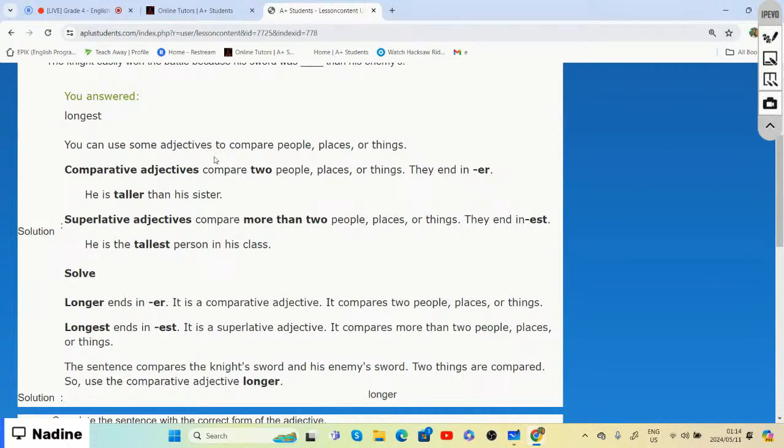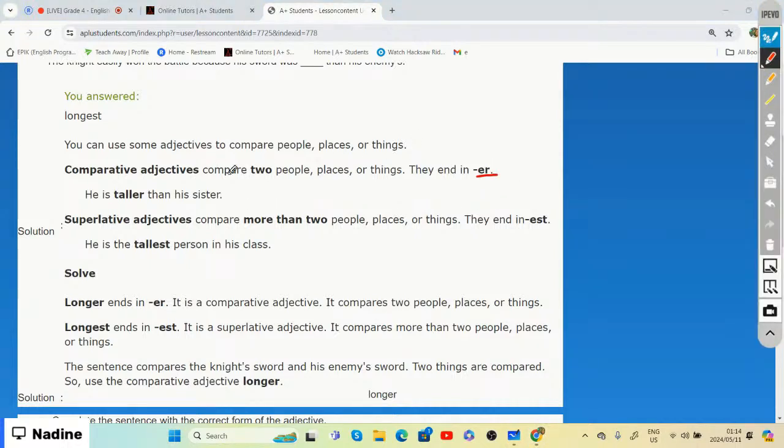with comparative adjectives, the word ends in er because we are comparing two people, places, or things. We made an example of he is taller than his sister. Or we can say she, the sister, is shorter than her brother. There are many different ways you can write that sentence, as long as you show what the topic is about.